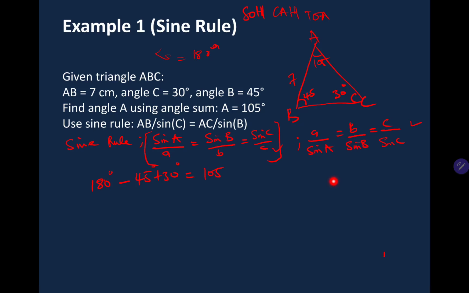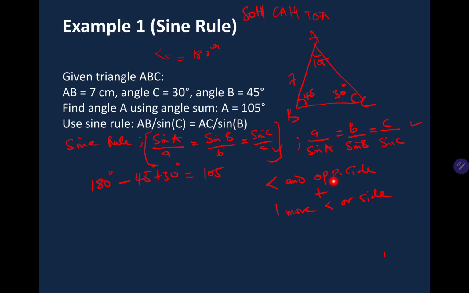In using the sine rule, you need at least one angle and its opposite side, plus one more angle or side.